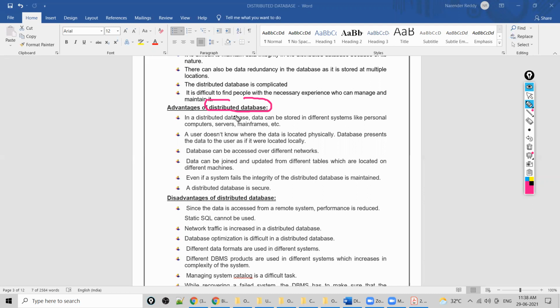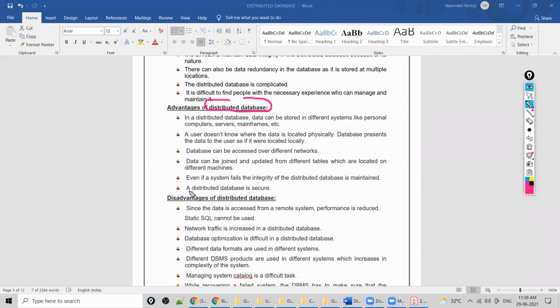Third one, the database can be accessed from different networks. Next, even if one system fails, the remaining distributed databases are maintained.